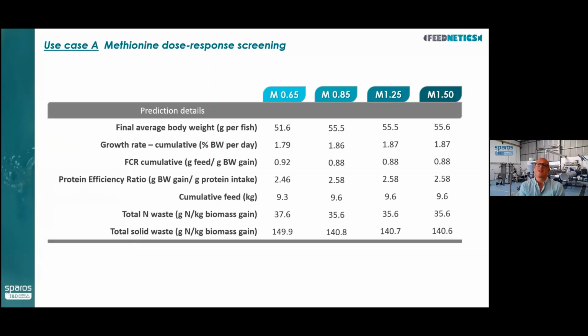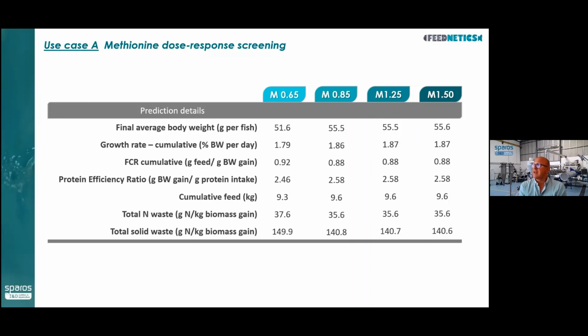This was a trial of 3 months, and the computation time to simulate all 4 diets was about 15 minutes, and it took us about 1 hour to input all the data into the simulation. So in 1.5 hours we have the results, while if we do a trial we have to wait 3 months plus the analytic time, plus the analysis.